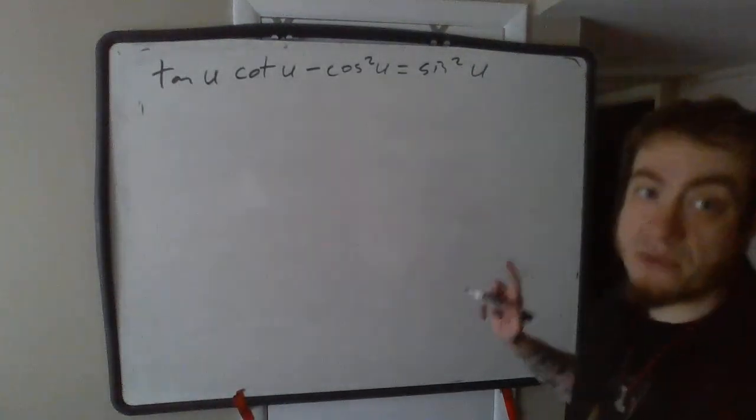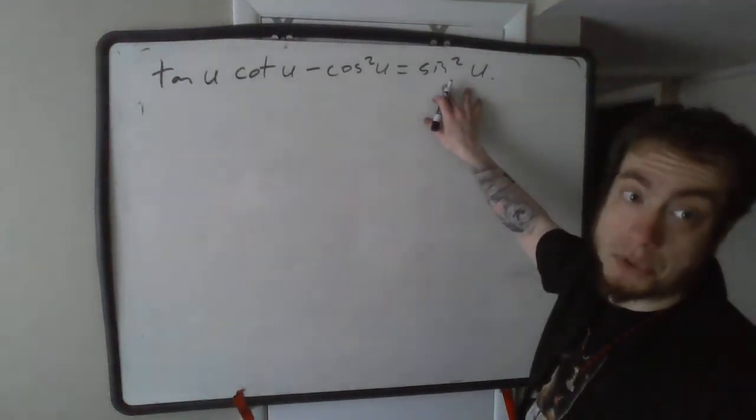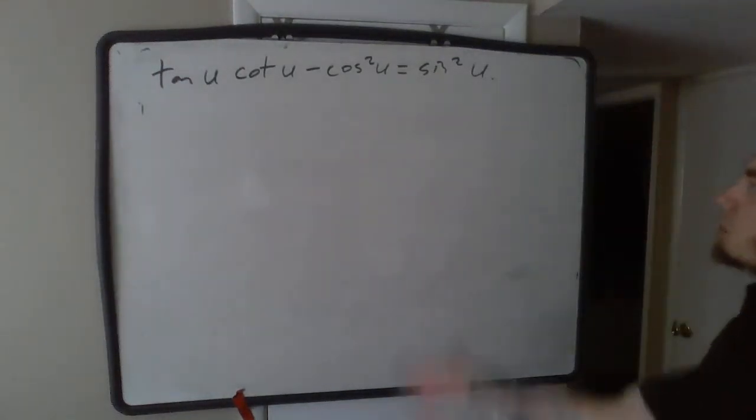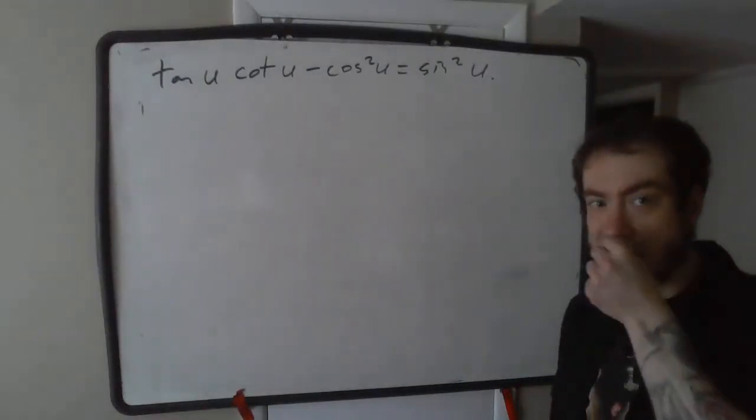Okay, when I take a look at proving this, the right-hand side looks reasonably simple, so we're going to leave that side alone for the moment, and we're going to attack this left-hand side and see what we can do to simplify it.